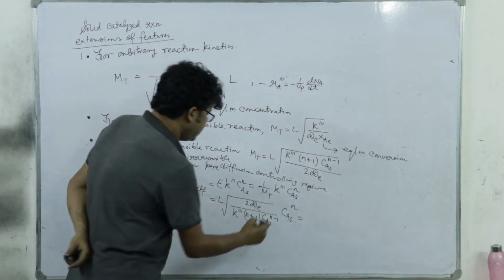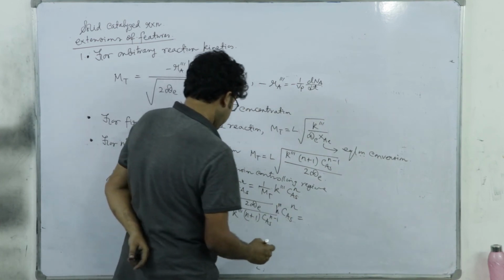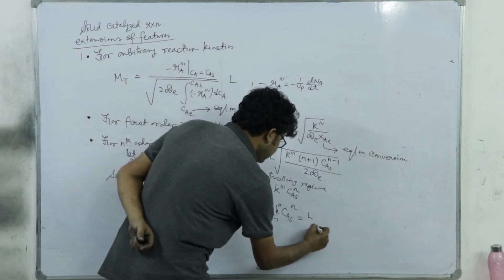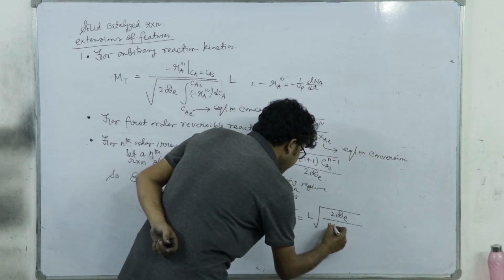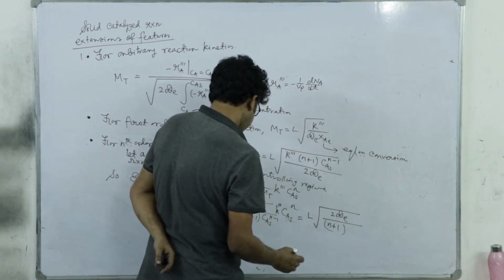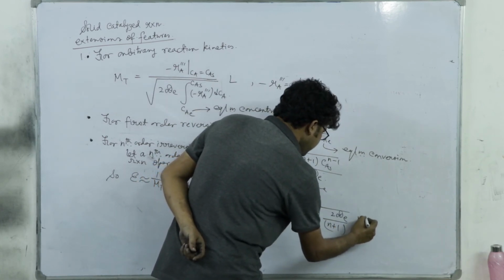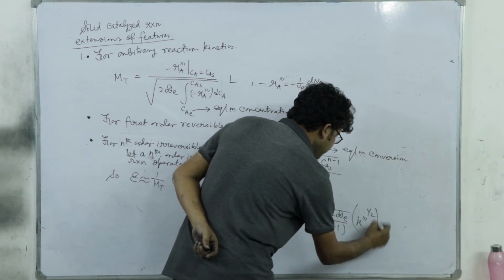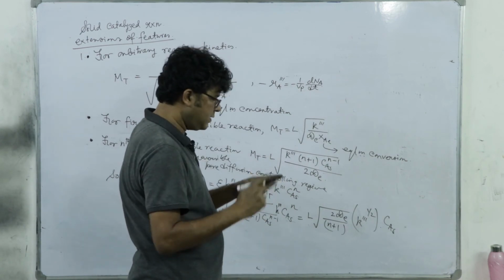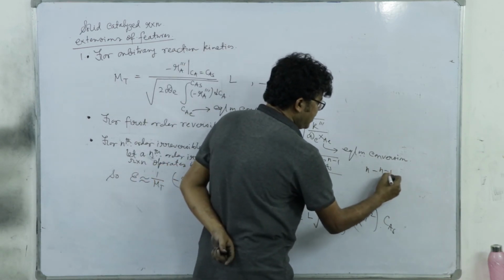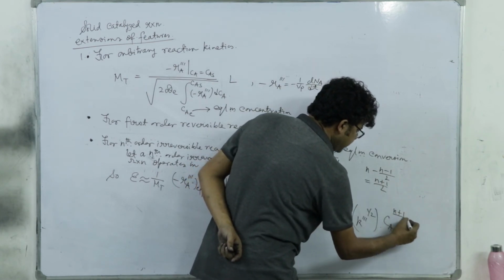Let us finally summarize: 2D divided by n plus 1, into k triple prime to the power half, into Cs to the power n minus 1 by 2 plus n, which is n plus 1 by 2.